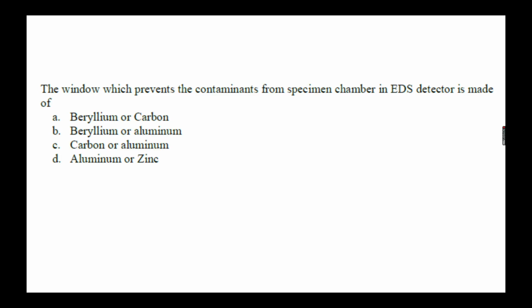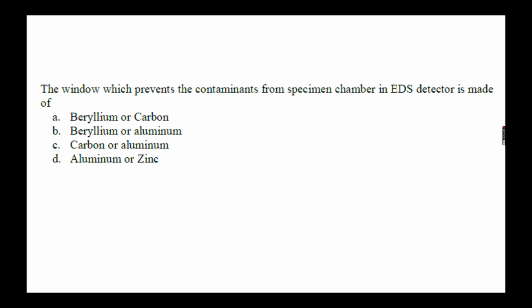So here, actually, there is a specimen chamber in the SEM, and there is an EDS detector. If you have seen the basic setup and how it looks, where the detector is placed, you will have an idea that there could be possibilities of many contaminants from the specimen chamber that can attach to the detector.